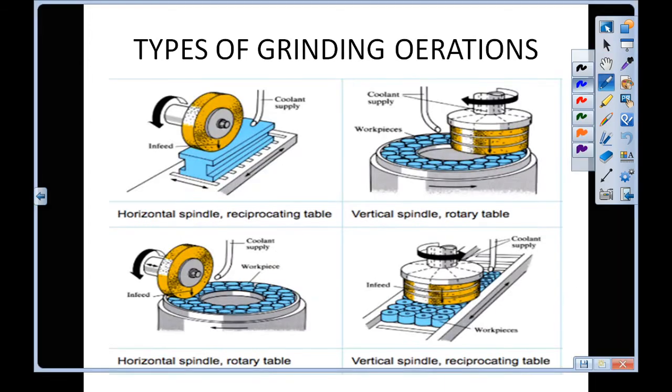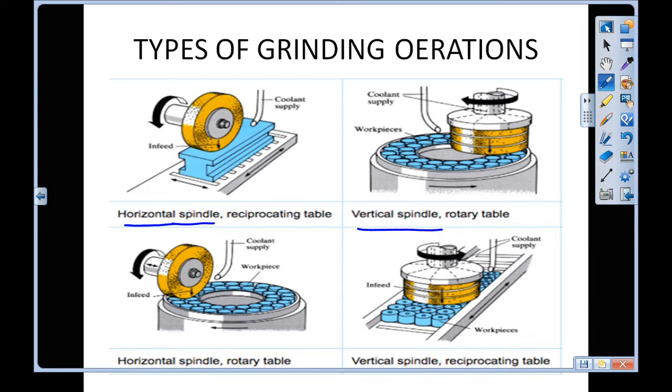Next we will discuss the types of grinding operations. Depending upon the position of the axis of the grinding wheel, we have basically two types of grinding operations. One in which the spindle axis is in the horizontal plane and the other one is vertical.